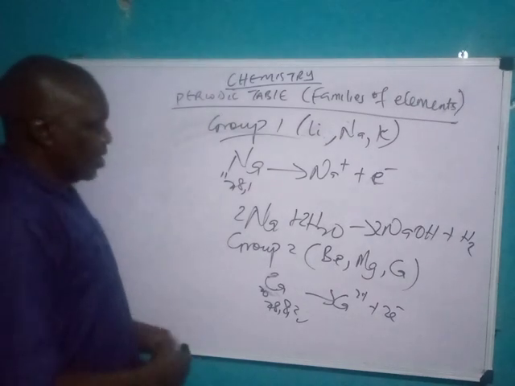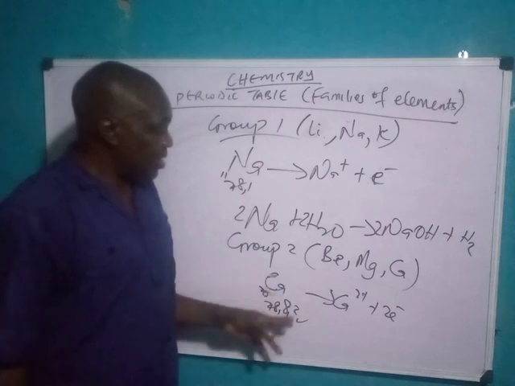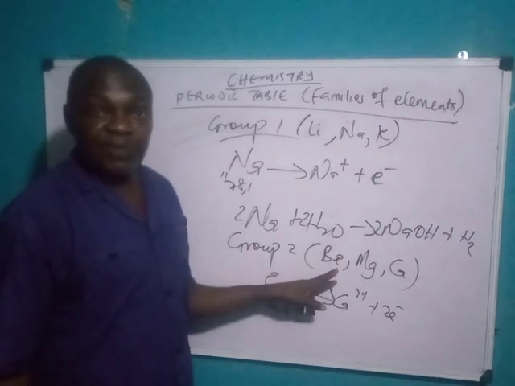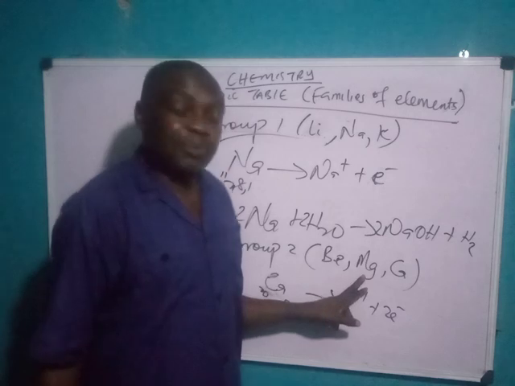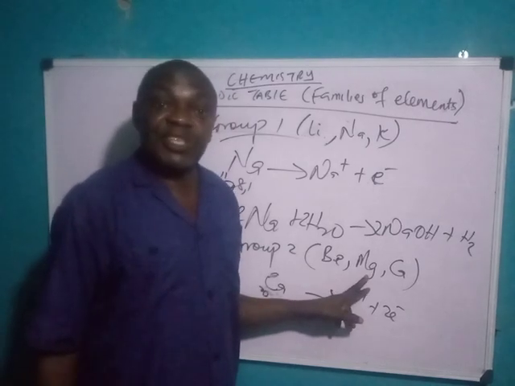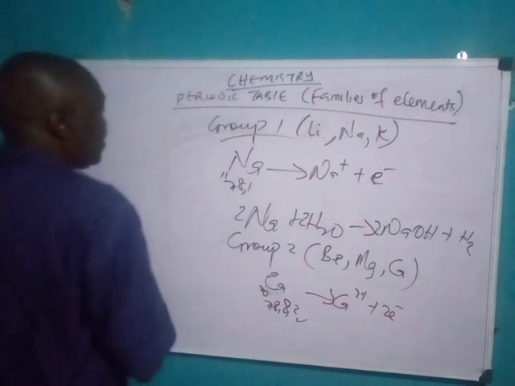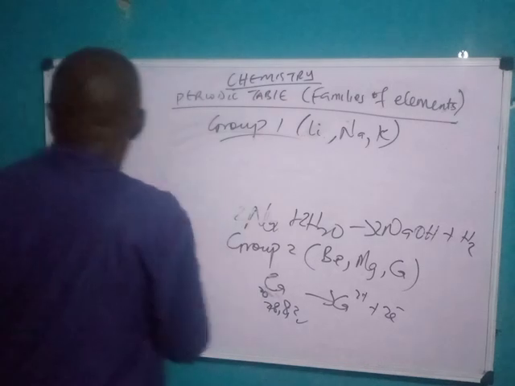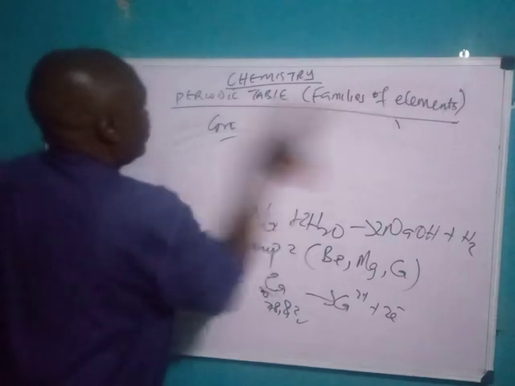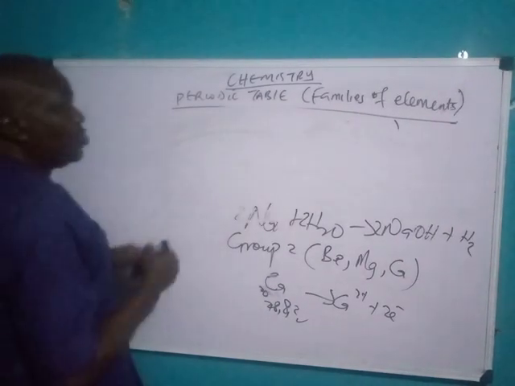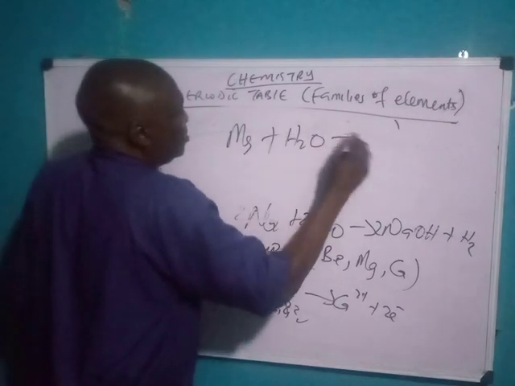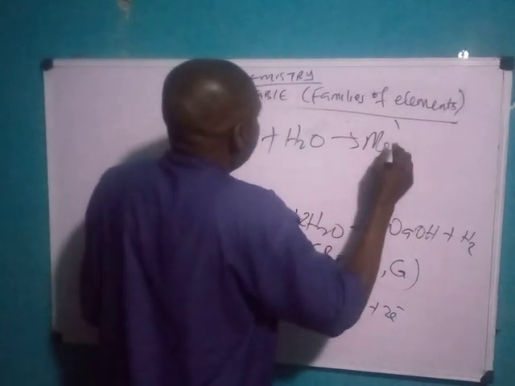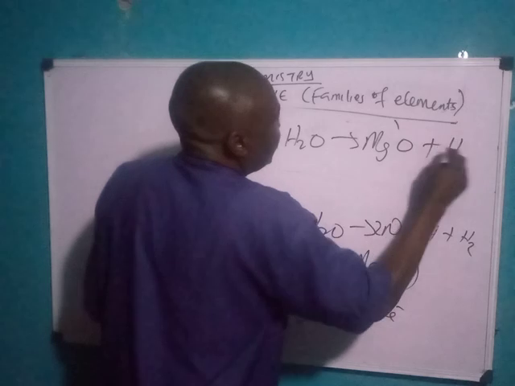For example, the first one, beryllium, does not react with water, whether steam or cold water. But magnesium reacts with water in the form of steam. This is magnesium plus H2O to give you MgO plus H2.